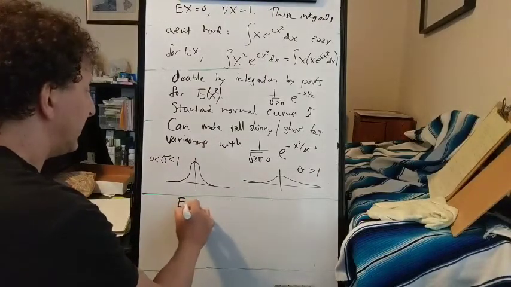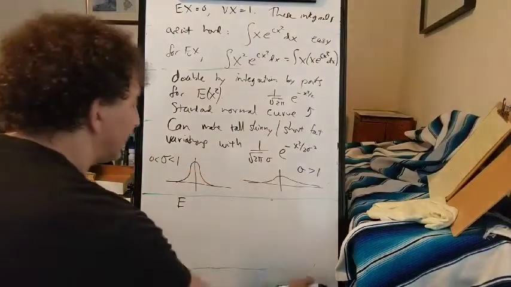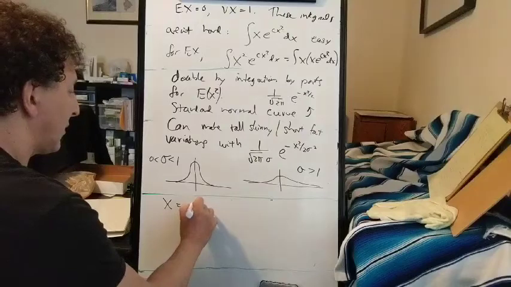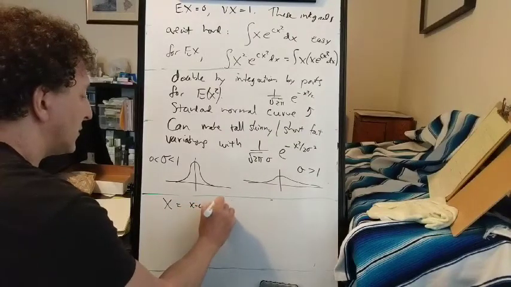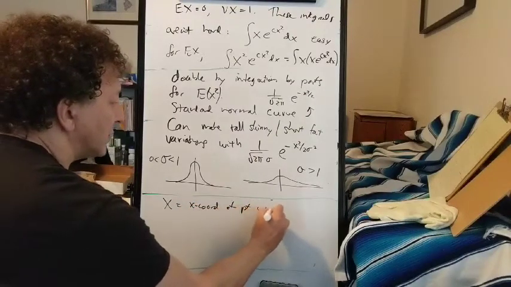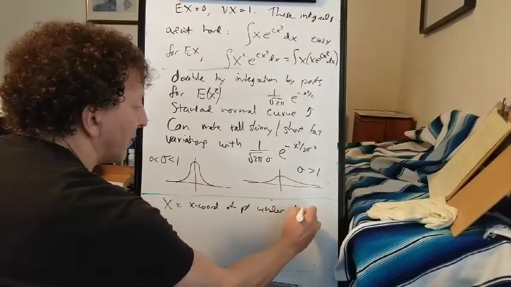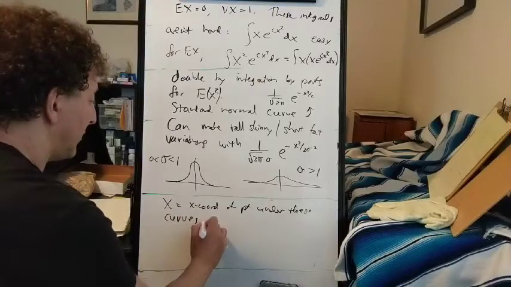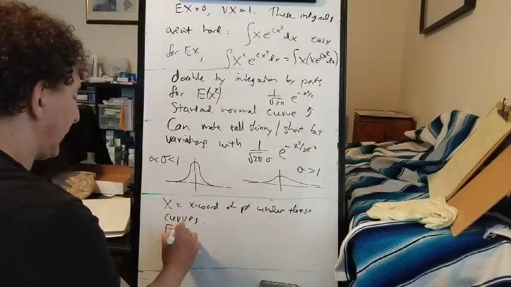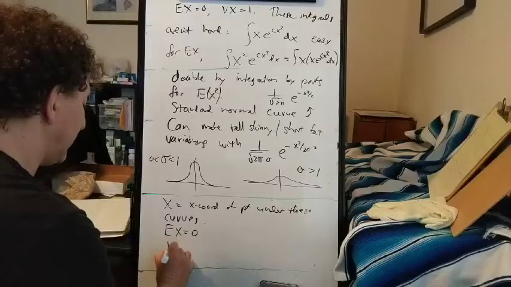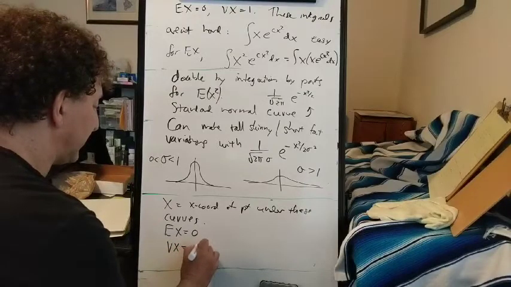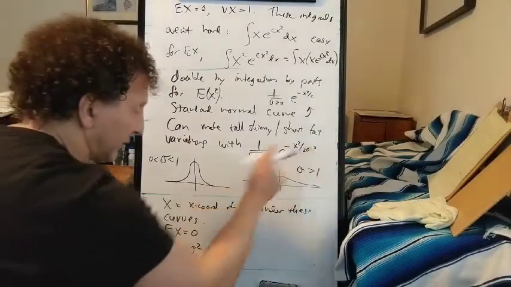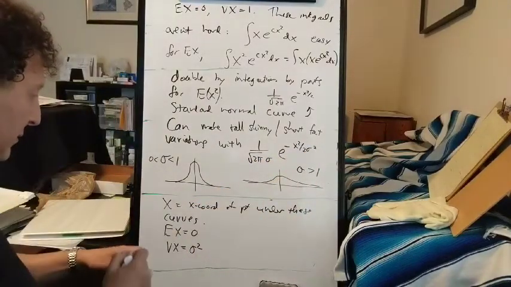If x is choosing a point under one of these curves, then the expected value of x is still 0. The variance of x is now sigma squared. So that number that we divided by, sigma here, sigma squared there, gives us the variance.